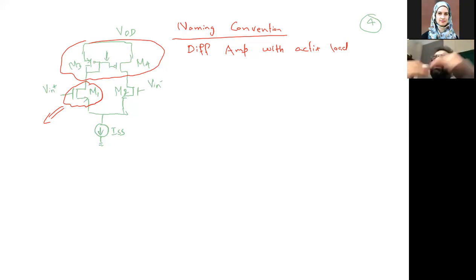As the current goes up and down, the current at M3 will change, and correspondingly the current at M4 will also change. That's why it's actively changing, and that brings the name active load. So we have a configuration in which the differential amplifier has an active load. That's why you all need to understand that the terminology active load is used because it varies dynamically, at runtime.